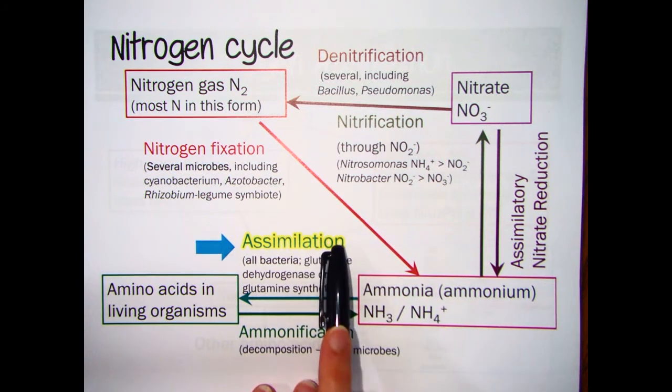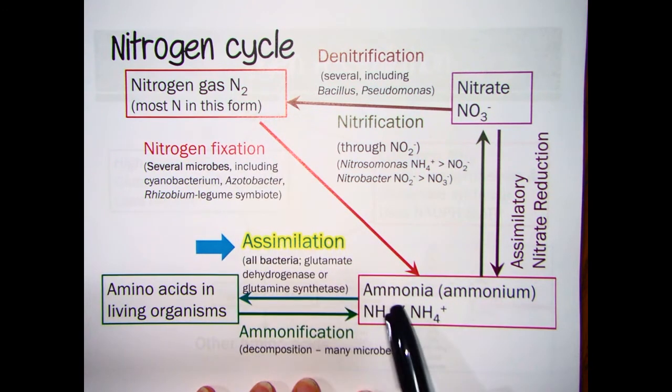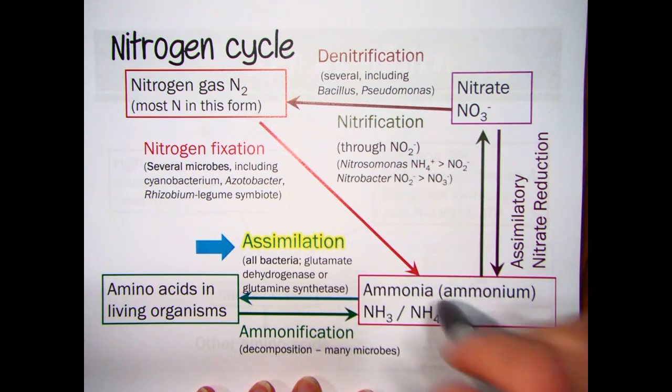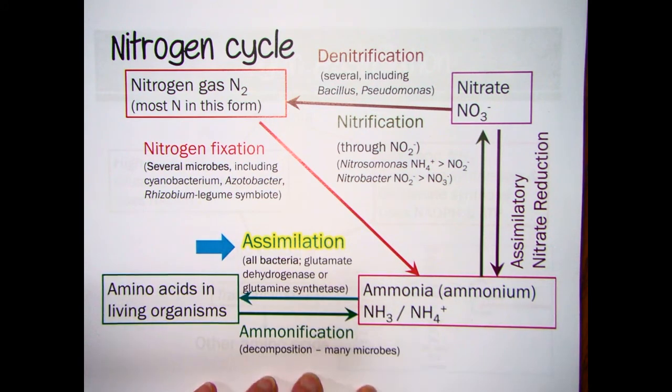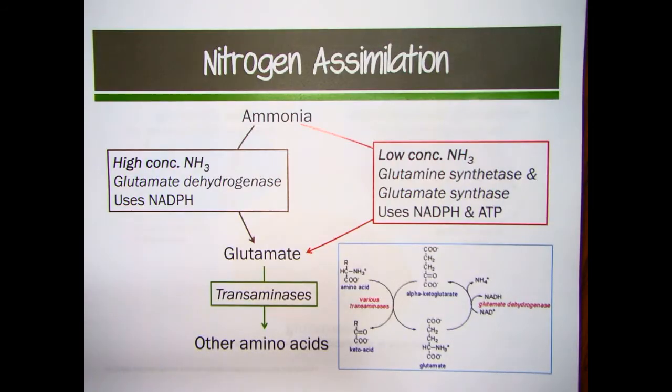So nitrogen assimilation is going to take the ammonia that was made either through nitrogen fixation or through assimilatory nitrate reduction and use that ammonia in the building of amino acids. There are two different ways to do this, depending primarily on how much ammonia is present.